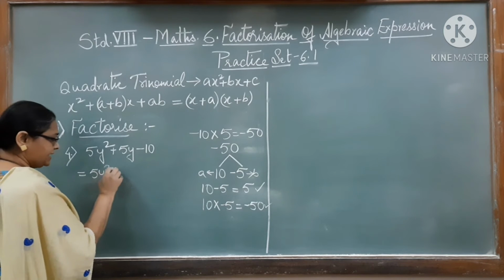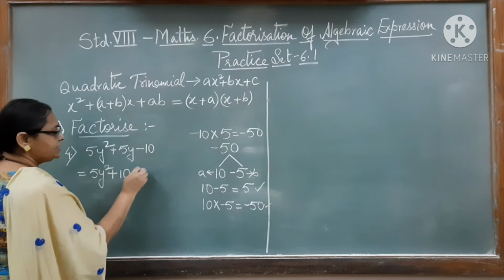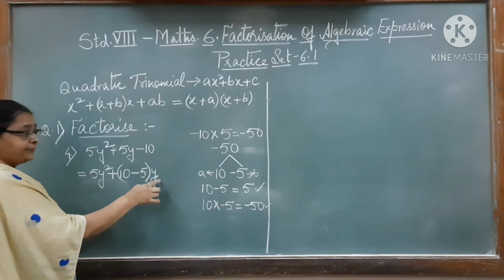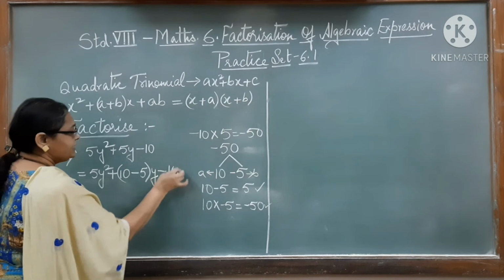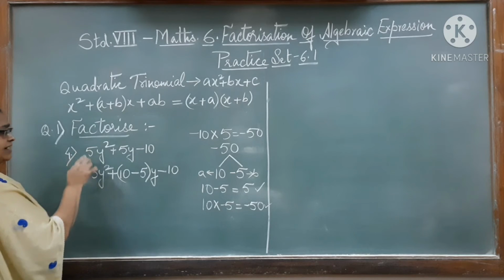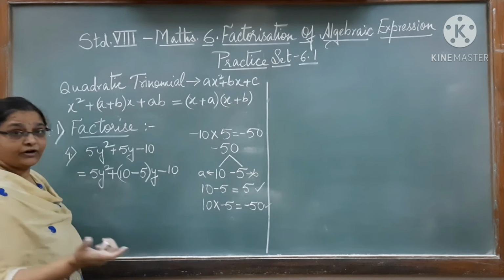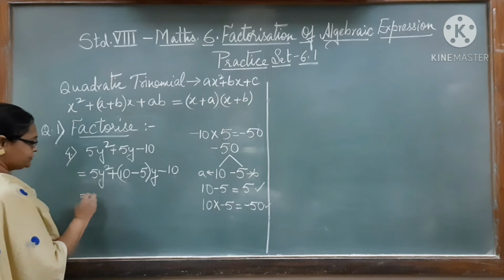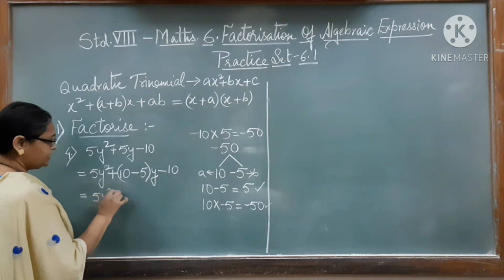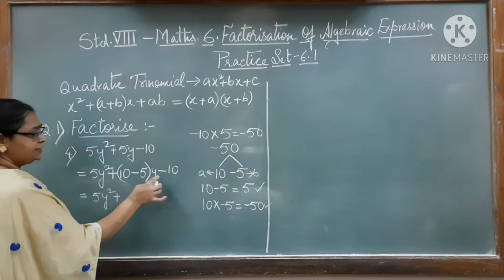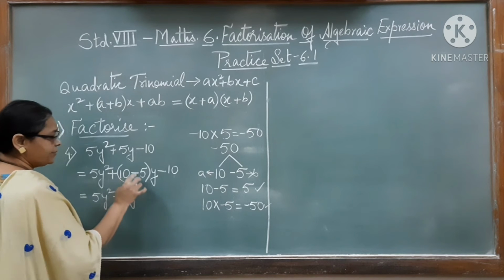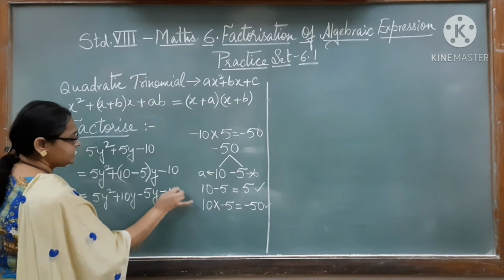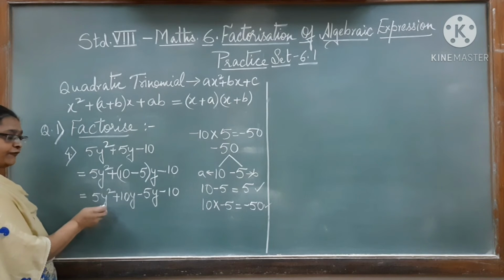So it is plus 10 minus 5 multiplied by the variable y, and minus 10 is written as it is, because 10 5s are 50, so we are not changing it. Now I am going to remove the brackets. That is equal to 5y square plus 10 into y is 10y, minus 5 into y is minus 5y, minus 10 as it is.